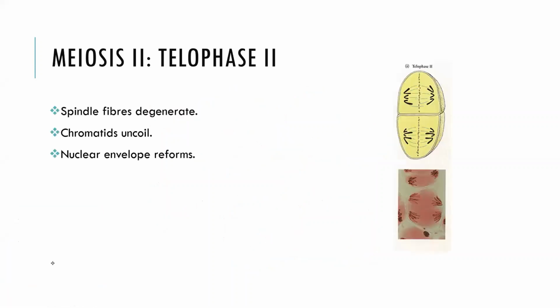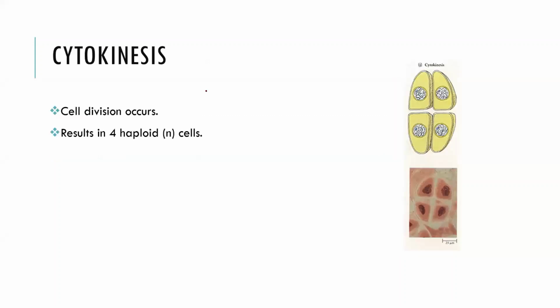Here you can see the spindle fibers degenerating, chromatids uncoiling, and the nuclear envelope reforming. So cytokinesis finally occurs and results in 4 haploid cells.